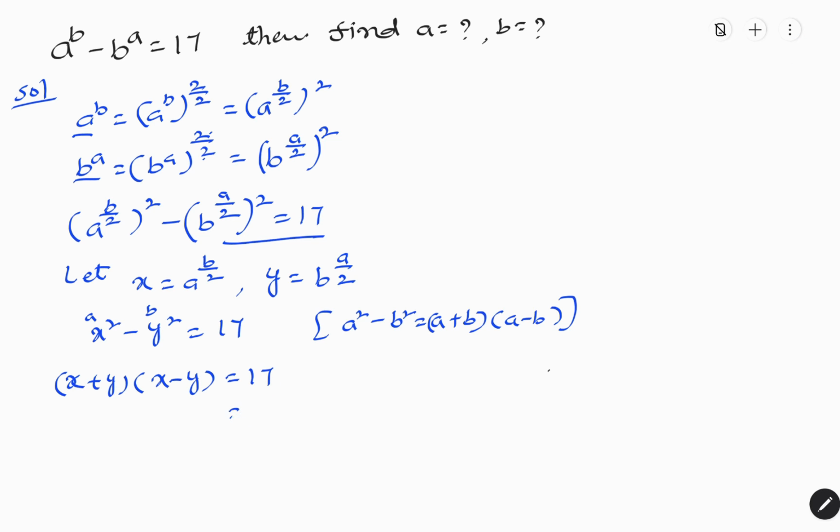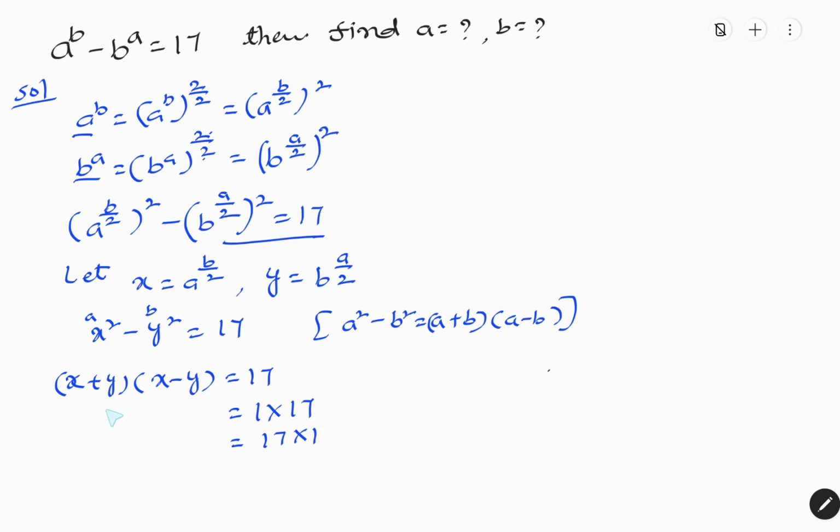Now write the factors of 17. What are the possibilities of 17? 17 is a prime number, so we have the factors 1 into 17 or 17 into 1. But see here, x plus y is a positive value.